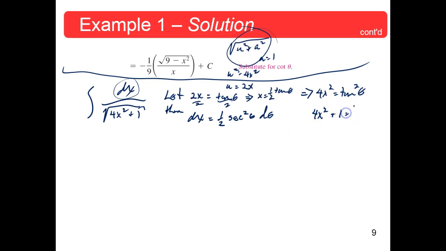So that would be tangent squared theta plus 1, right? You just added 1 to both sides. Now we've got what's under the radical. What is tangent squared theta plus 1? Now you have your trig functions squared. Light bulbs should start flashing in your brain for what to investigate. Pythagorean identities. Is that one of our Pythagorean identities?